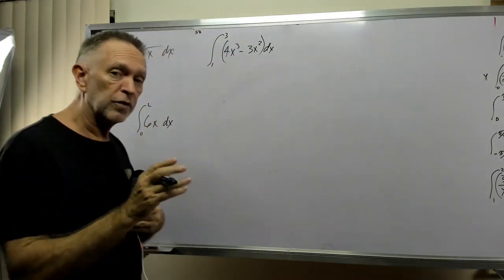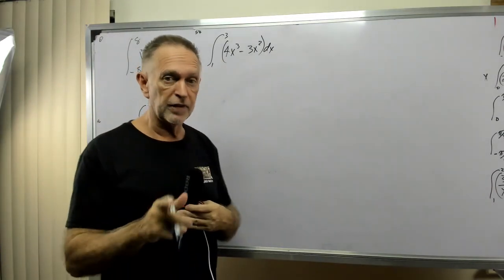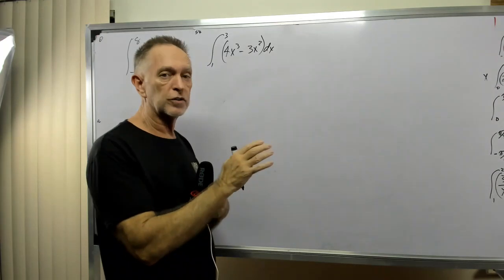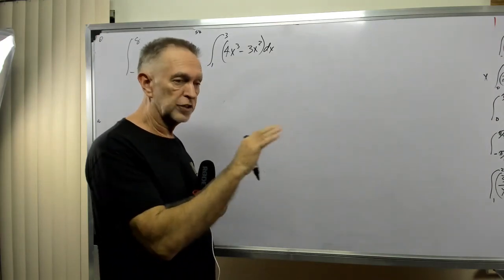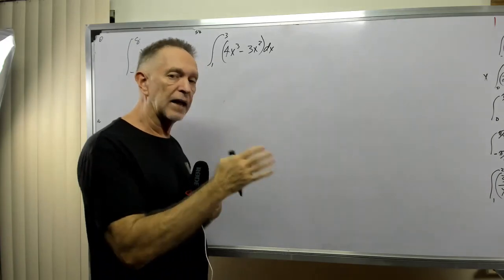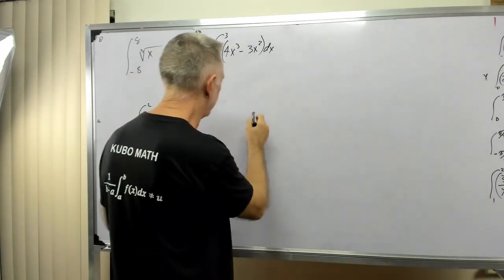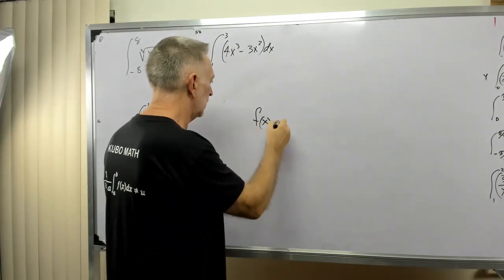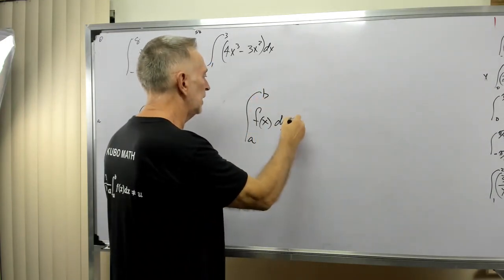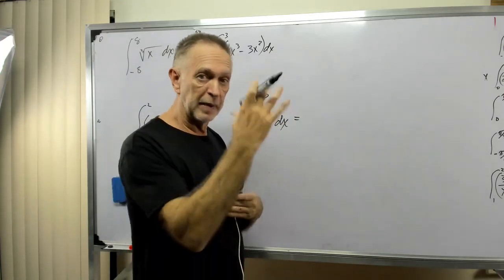Okay, you know the fundamental theorem of calculus says if I have a function f that's continuous on [a, b], and the integral of f of x dx from a to b, and the antiderivative of that is big F, if you will.